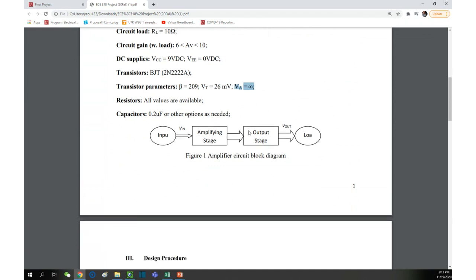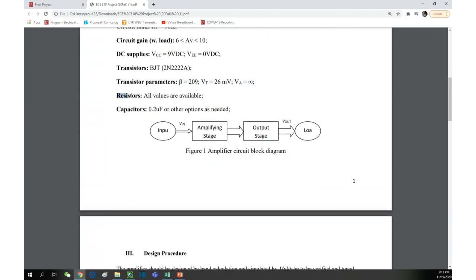Resistors are exactly the things you are going to design. You're going to choose some of them to design the rest. Obviously, you need to choose some first and then design the others. Some capacitors as coupling capacitors or even bypass capacitors you can apply, feel free.